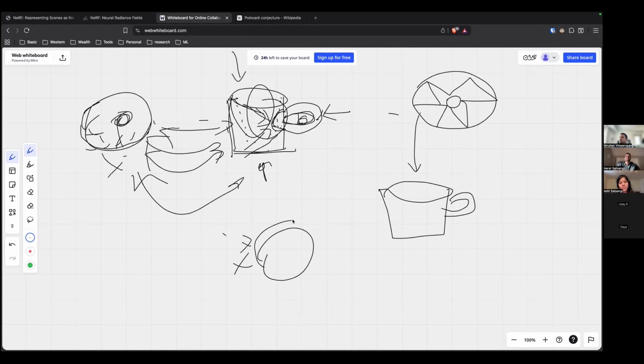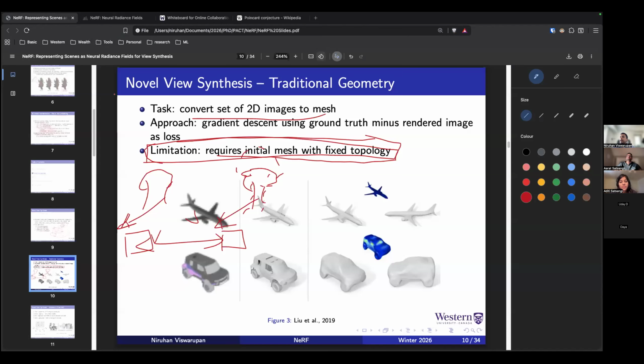But if you start with a mesh that is like a ball, you cannot do gradient-based training, because there will be a discontinuity in that gradient flow. Those are some high-level ideas, but I think we don't need to go into that detail here.